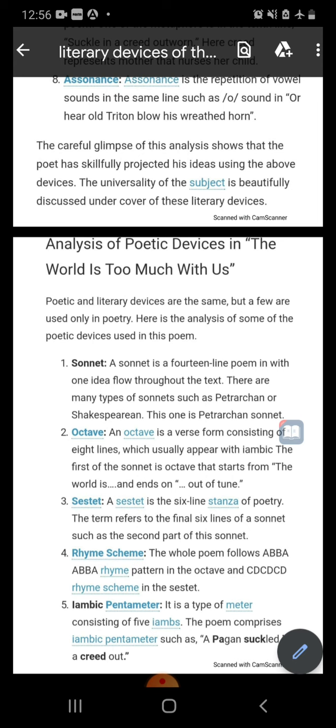And the poem is particularly written in iambic pentameter. Iambic pentameter is a kind of meter which consists of 5 iambs.